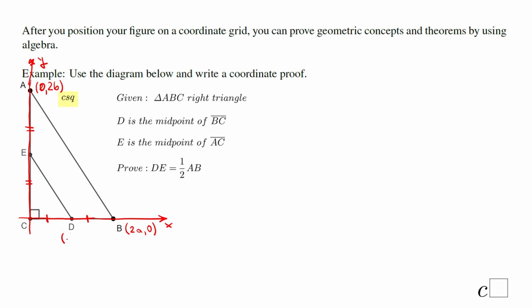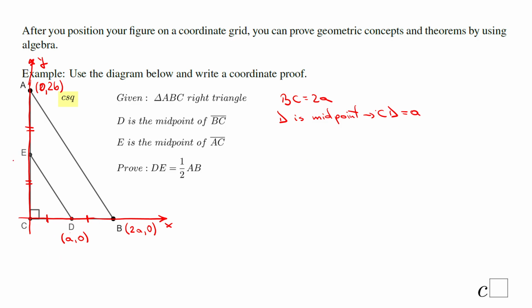This point D is going to be A and 0. Why? It's halfway between B and C. So if BC is 2A, since D is a midpoint, then CD should be only A. That's the reason I'm going to say A and 0.